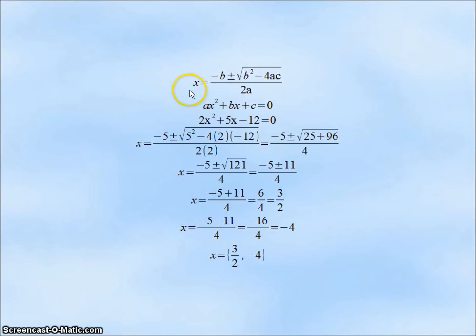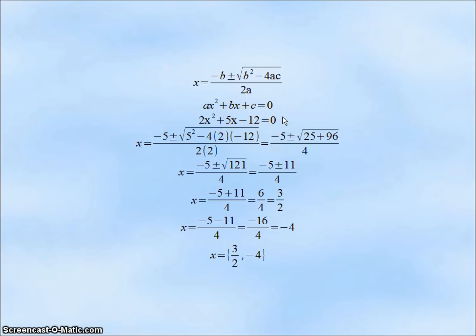Making use of this formula. Here's our standard form, just as a guideline, so we know what's A, B, and C. Let's look at this equation here. A is 2, B is 5, and C is negative 12.